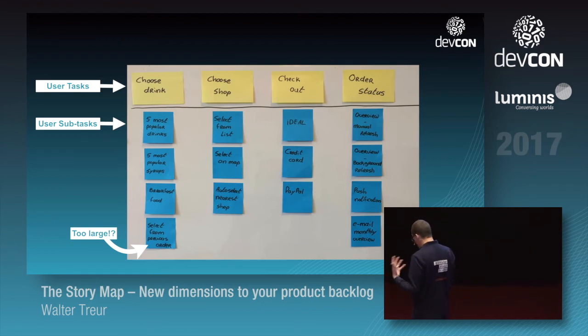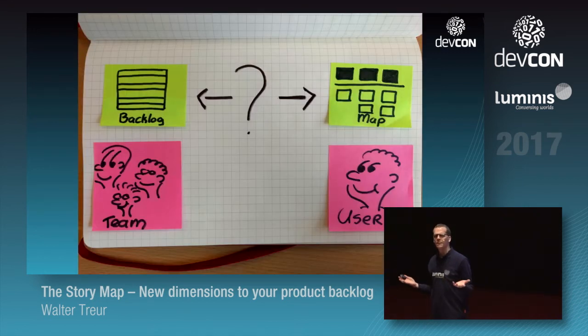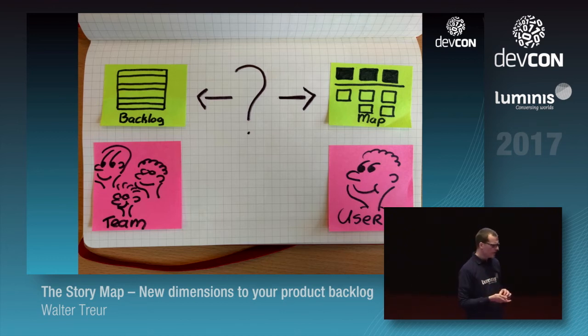So at some point, you're going to ask yourself, where do I put it? If you think of something that your team needs to do, do I put it on my product backlog? Or do I put it on my user story map? And I usually try to use this rule of thumb and ask, is it valuable for your user?